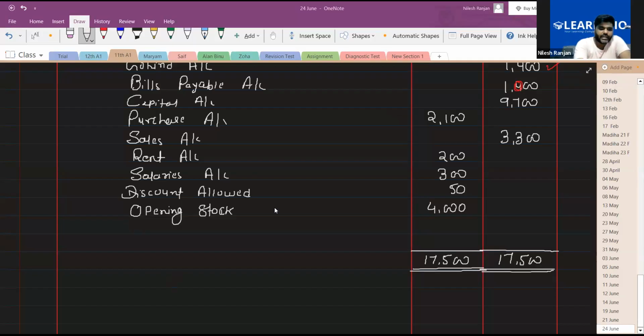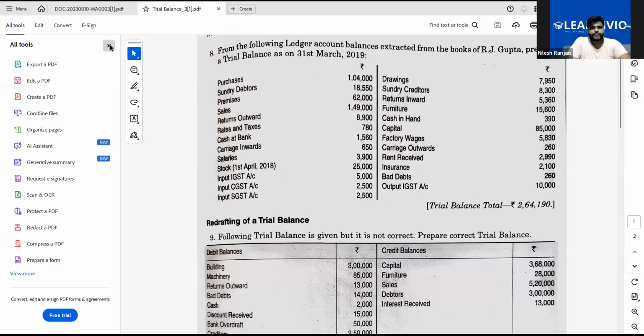You just have to write the balance. Can you see the question?